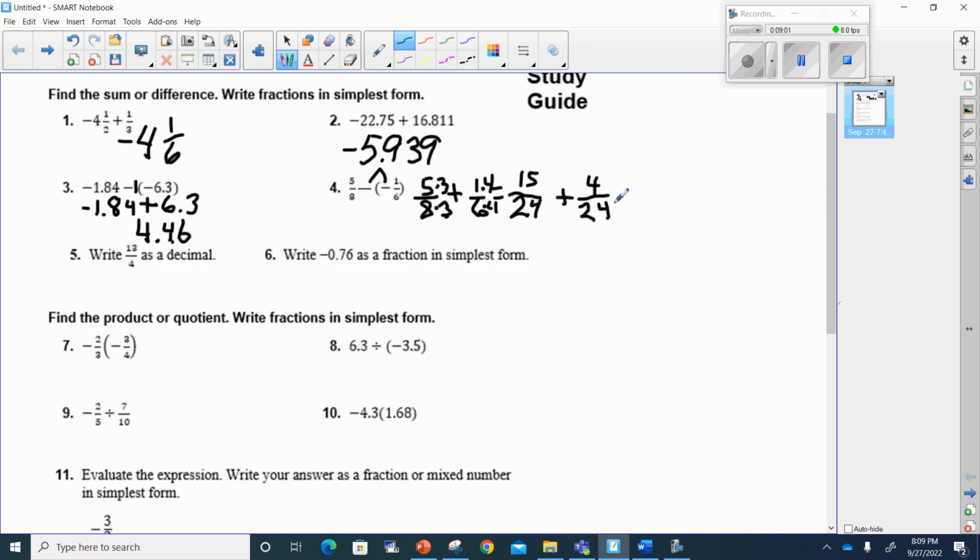Now we have 15 plus 4, and that equals 19. So this is going to be 19 over 24.